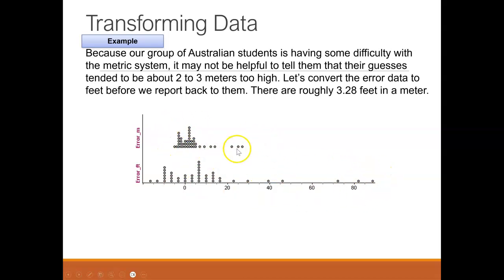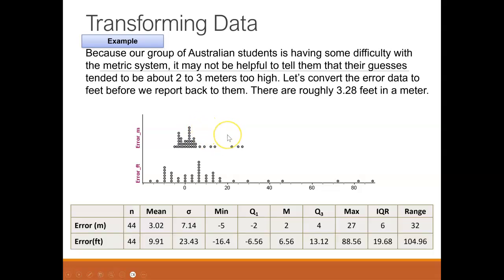Notice it was skewed to the right before, still skewed to the right now after the factor. It's just more spread apart than it was before. Everybody kind of see that? So the spread increased by whatever factor we multiplied by, as well as the center. So the means, the medians, etc. And we have that here.